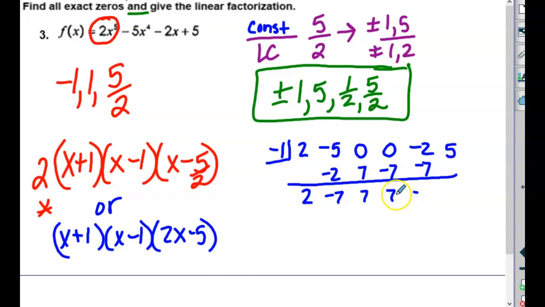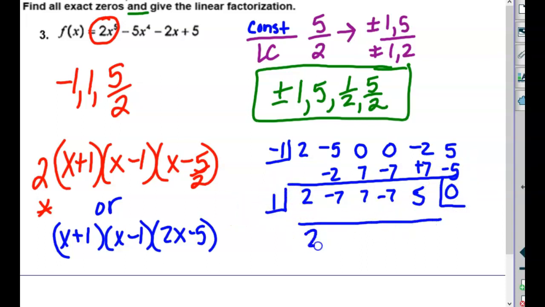Yeah, I did something wrong. What did I do wrong? Okay, negative 7, add is 7, negative 7, add. Oh, this is a negative 7, right? When you add 0, then you multiply, this is a 7, then we have a 5, negative 5, and 0. Then we'd have a 1, because we said both 1 and negative 1 worked.